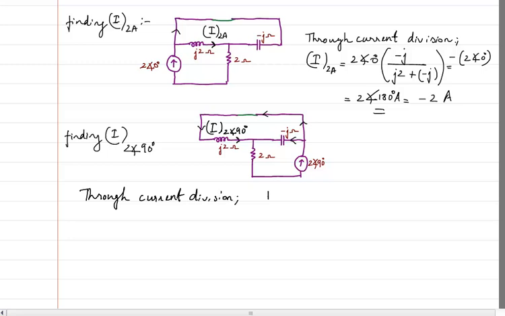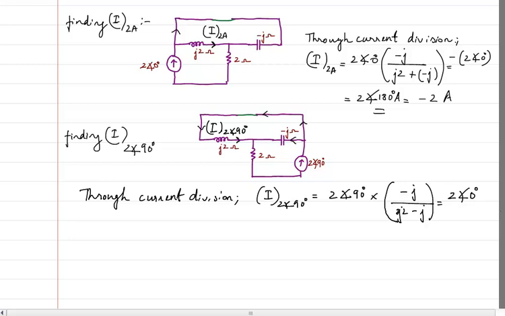I can say that I of 2 angle 90 degrees will be the total current, which is 2 angle 90 degrees, multiplied by the current in the opposite branch, which is minus j, divided by the total branches, that is j2 minus j, which comes out to be 2 angle 0 degrees.